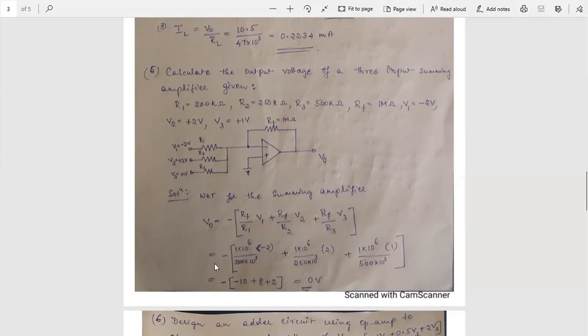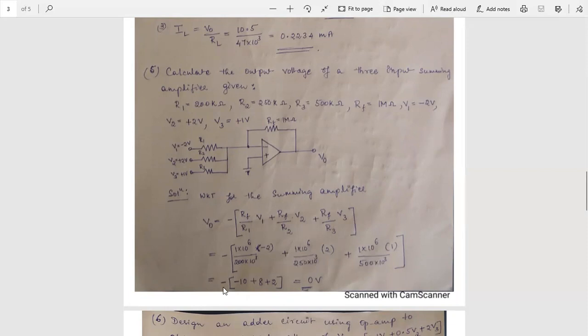Okay, so minus of 1 into 10 to the power 6 divided by 200 into 10 to the power 3 into V1. V1 is minus 2, plus 1 into 10 to the power 6 divided by 250 into 10 to the power 3 into 2, plus 1 into 10 to the power 6 divided by 500 into 10 to the power 3 into 1.